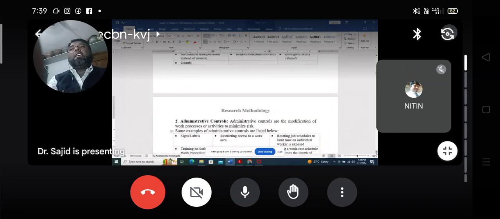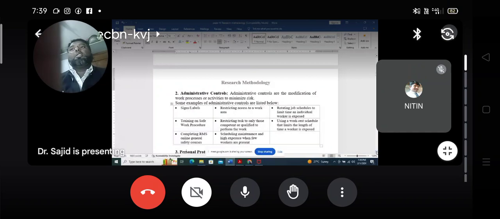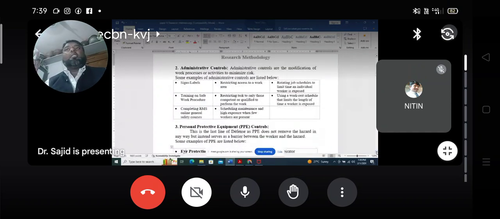Then the second one is the administrative controls. Administrative controls are nothing but the modification of work processes or activities to minimize the risk. Listen carefully. It is a very important part as far as your exam is concerned. We have to prepare some signs or labels and put them on the particular chemicals.